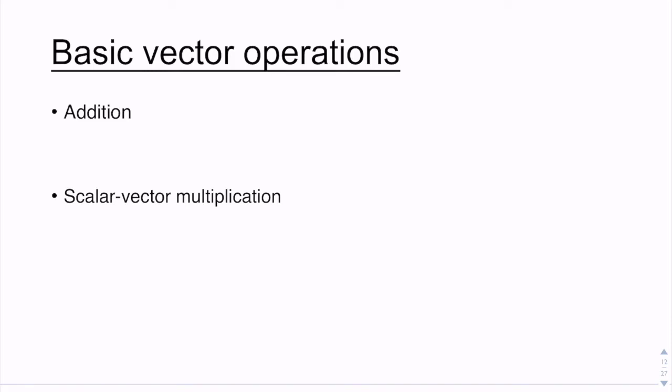So for addition, let's say vector x belongs to R^n, a real vector of dimension n, and y is another vector belonging to R^n, which should have the same dimension n, otherwise we cannot do the addition.